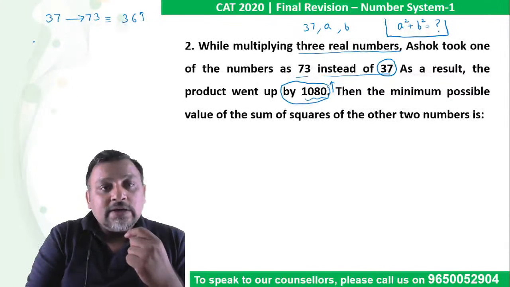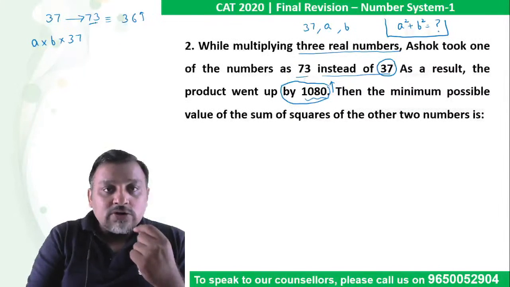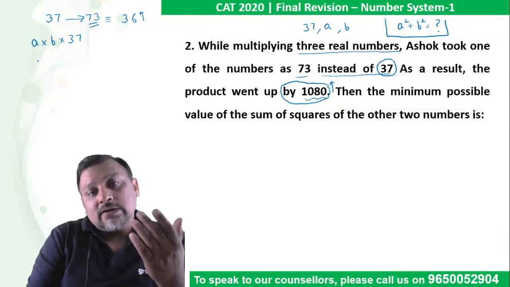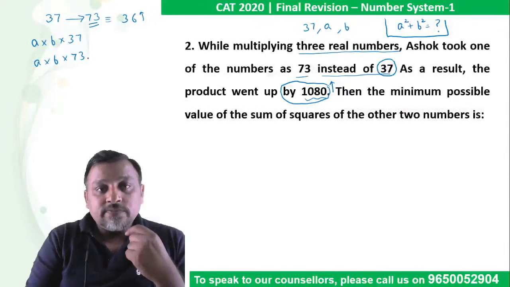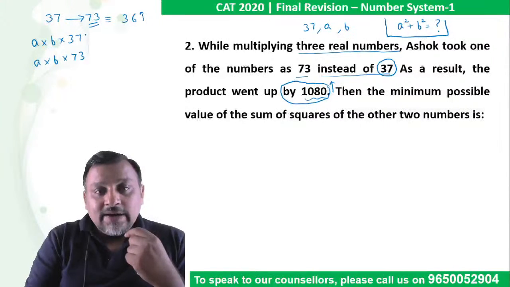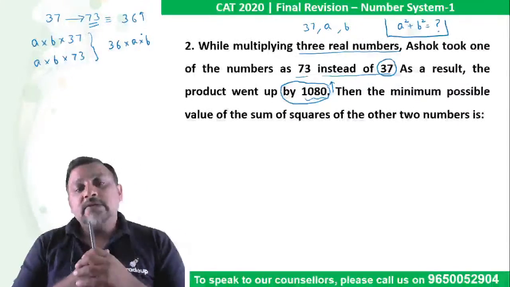So can we say the correct product is supposed to be how much? A into B into 37, but because of this mistake the product that would be calculated is A into B into 73. We know the difference is nothing but 36 into A into B. Is this much clear?